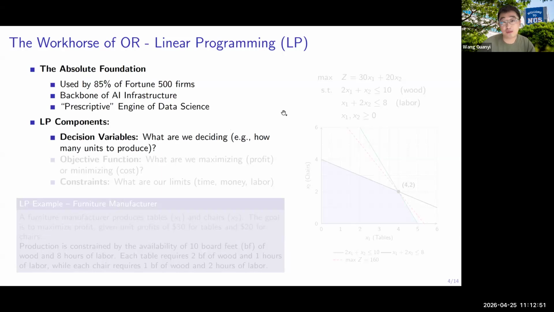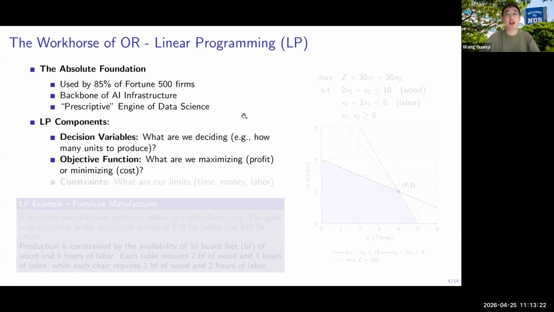Usually it corresponds to what we are going to decide, like the alphabet variables, little x, little y, that we have used a lot in our high school mathematics. We use these decision variables to denote, for example, how many units we would like to produce.